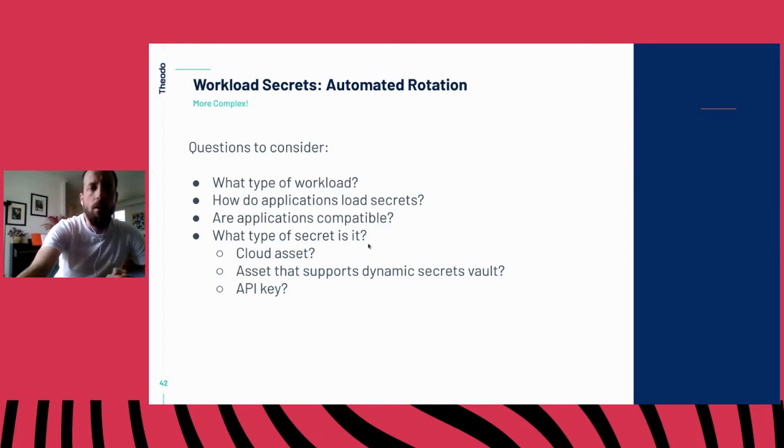And last, what type of secret is it? Is it an asset that is stored on the cloud and that supports IAM connections? Is it some asset that is supported by Vault dynamic secrets? Is it a simple API key that I cannot rotate easily? These are the important questions.